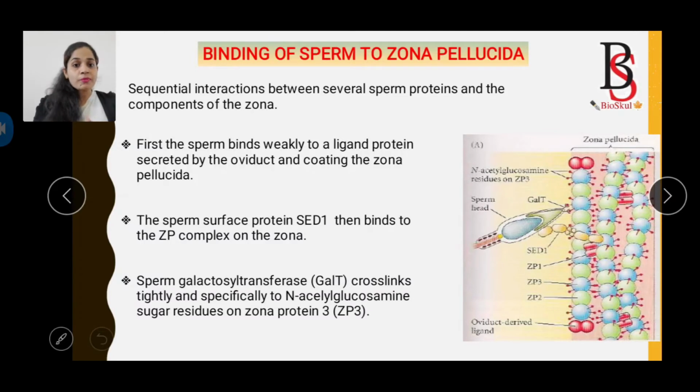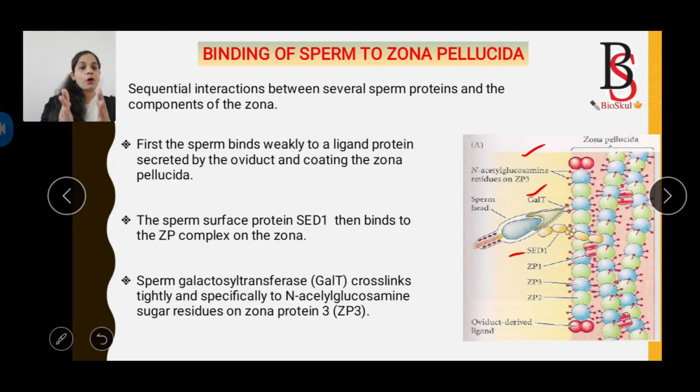Then the sperm surface protein SED1, shown in yellow, binds to the zona complex. Then in the third step, the sperm galactosyltransferase, that is GalT, cross-links tightly and specifically to the N-acetyl-glucosamine sugar residue present on ZP3. GalT binds tightly to the N-acetyl-glucosamine residue on ZP3.